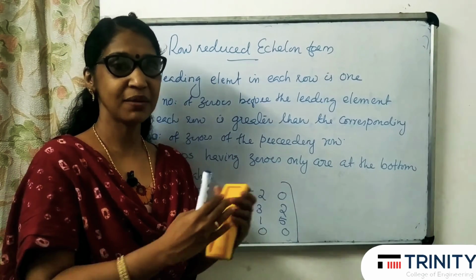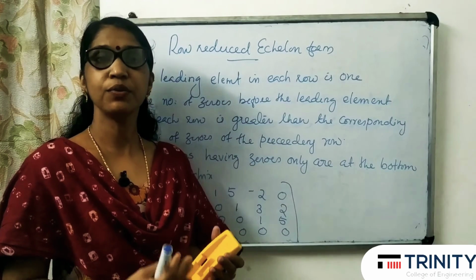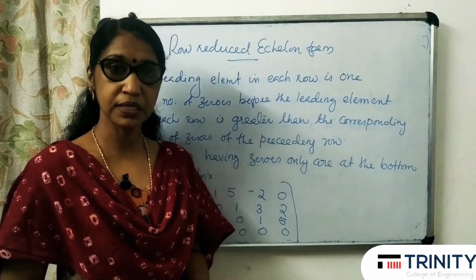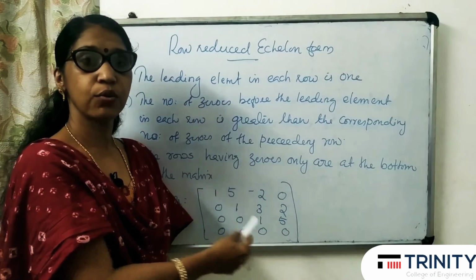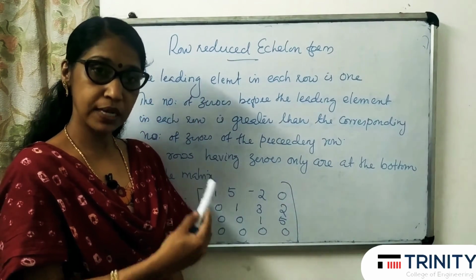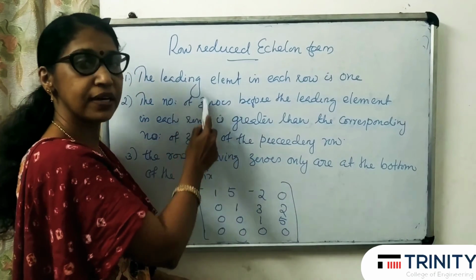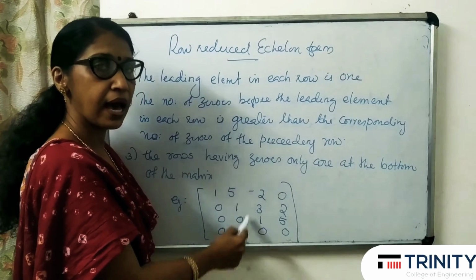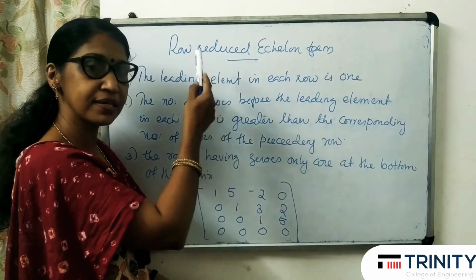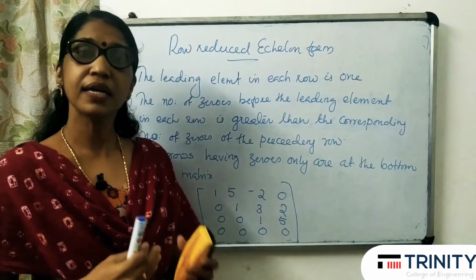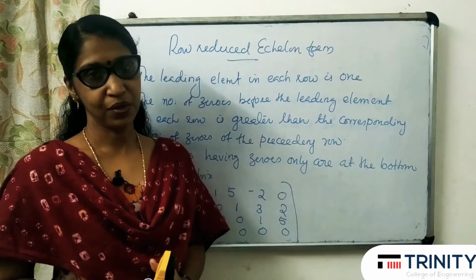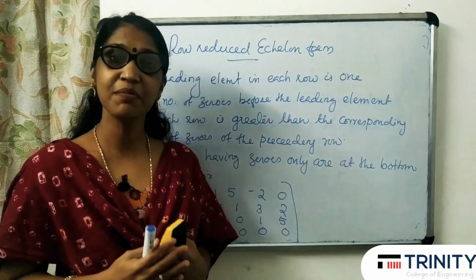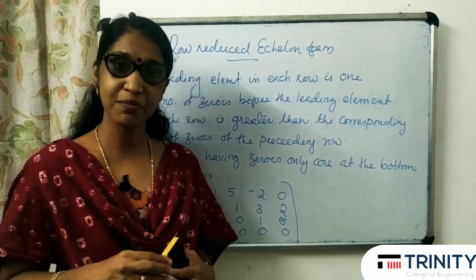If A is a given matrix and we reduce it to row reduced echelon form, satisfying these three conditions, and finally get a matrix that we name B, then matrix A and matrix B are equivalent matrices, and equivalent matrices are of the same rank.